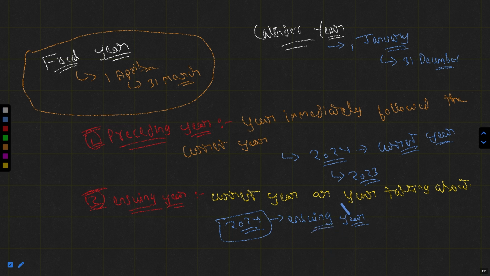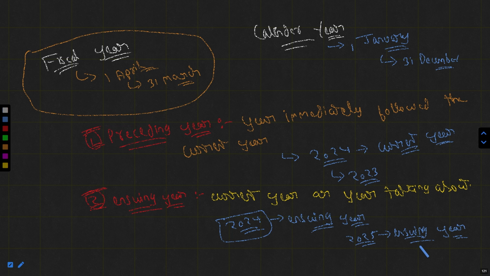And if the president is not talking about 2024 and is talking about, for example, 2025, the upcoming year, then that would become your ensuing year. So it totally depends upon the president on which year he is talking about.